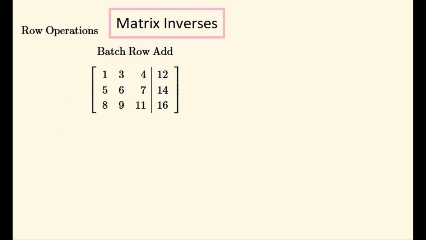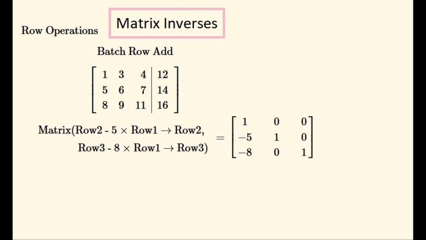We can perform a batch row add on this 3 by 3 matrix, so that all of the rest of the entries underneath the leading 1 in its column will be made equal to 0. This is what the batch row add matrix looks like, with a -5 and -8 in the first column corresponding to the 5 and 8 in the augmented matrix.